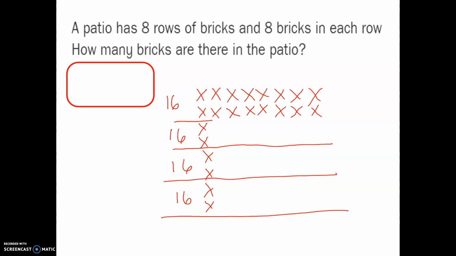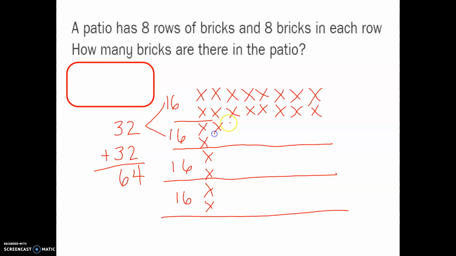Okay, and maybe I can do this, and maybe you need to do the X's and finish the array and count all the X's. Either way is fine and dandy. But I also know that 16 plus 16 is 32. So if those 2 16s are 32, then these 2 16s are 32. And I add that together, and I'm going to get 64.